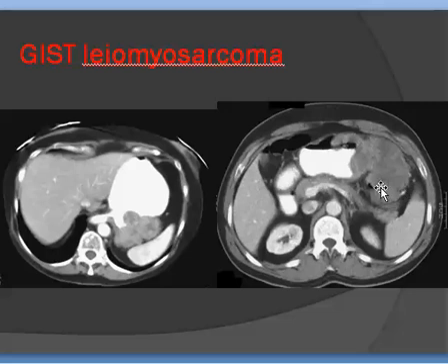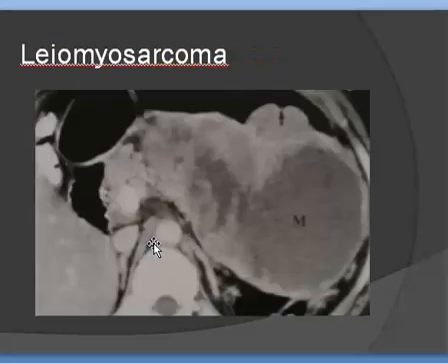Typical appearance of GIST: the large exophytic and the small endophytic, leiomyosarcoma. Exophytic and endophytic, and this is the region of the stomach, leiomyosarcoma.